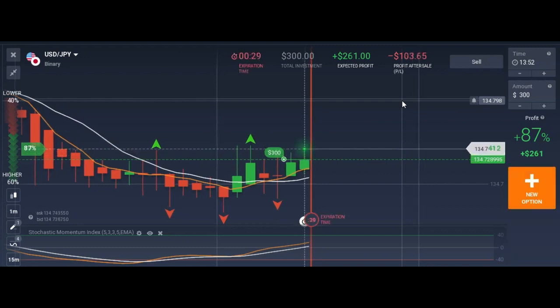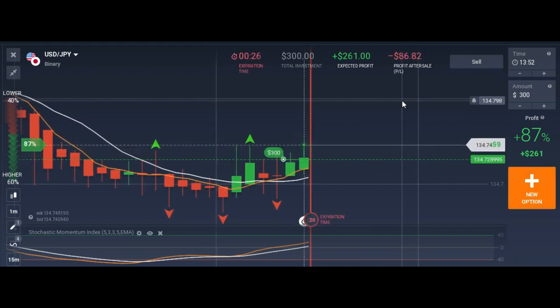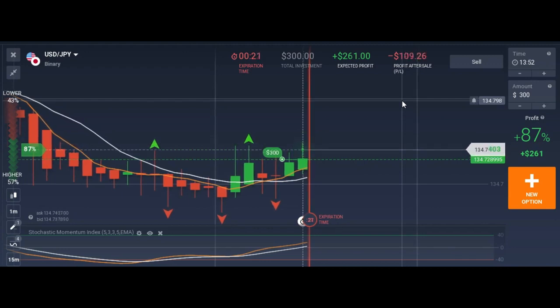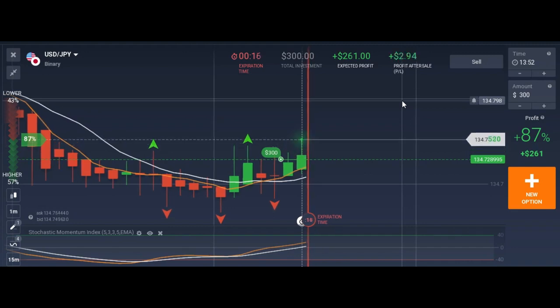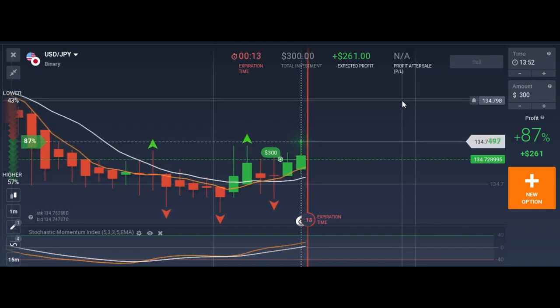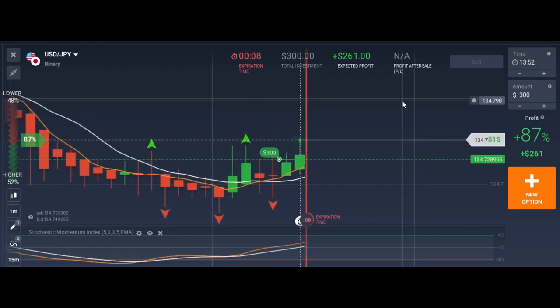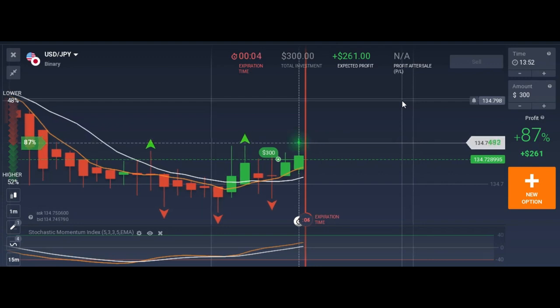But with discipline and knowledge, you can still make a profit. I invested $300, so for today I am retiring with this operation. The green candle is gaining strength, and I think we are going to win the operation.